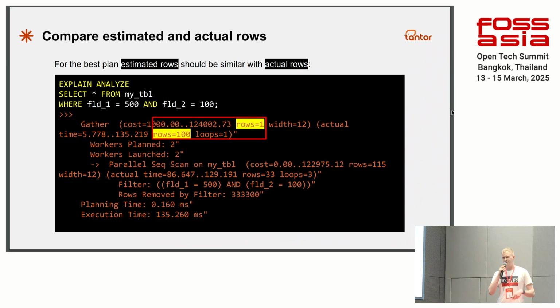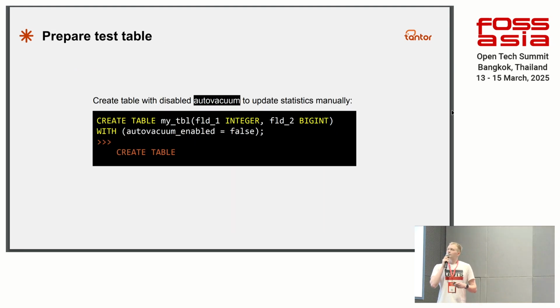If you have this problem, in my opinion, this extension can help you. In the ideal situation, the estimation is equal to the reality. In our presentation, we consider a very simple example.